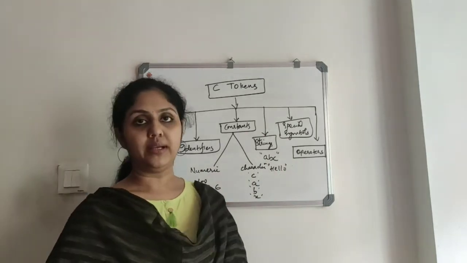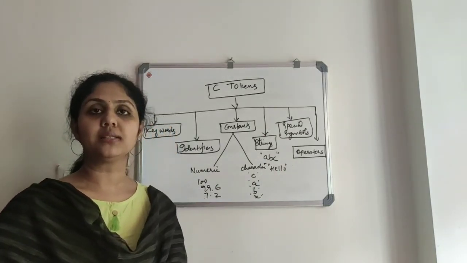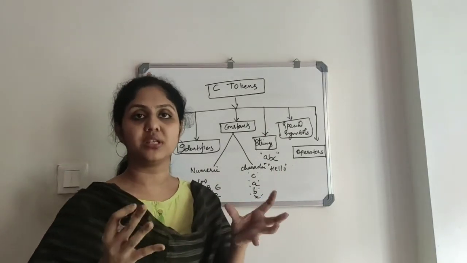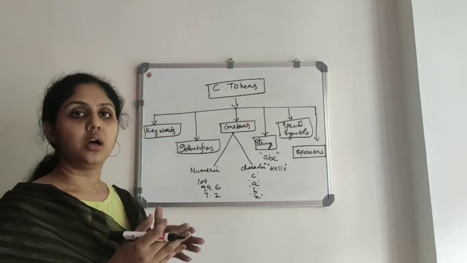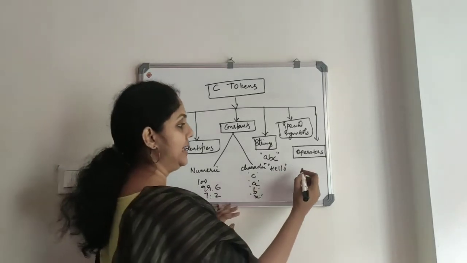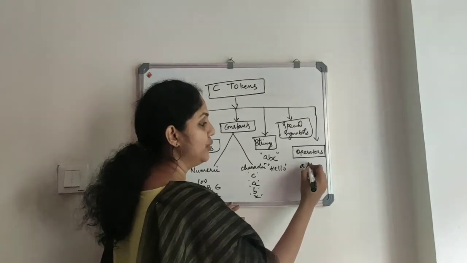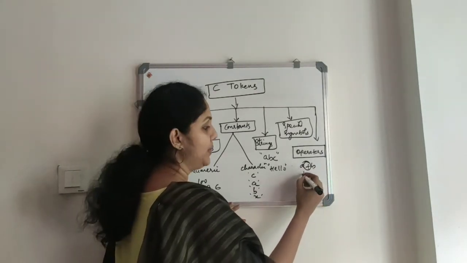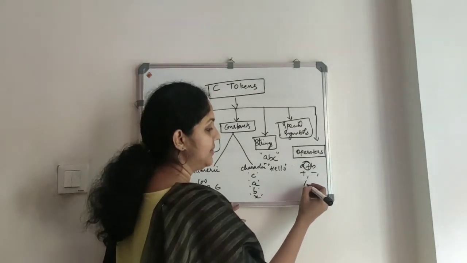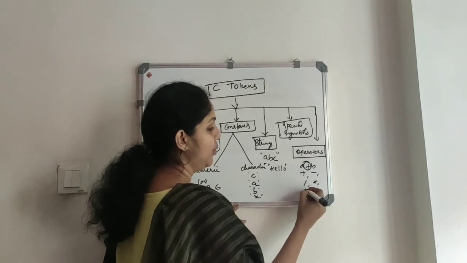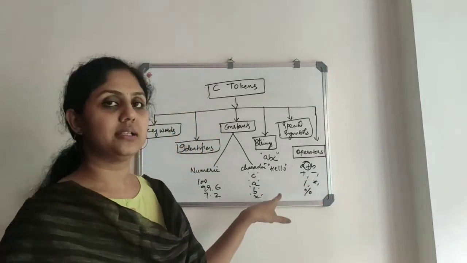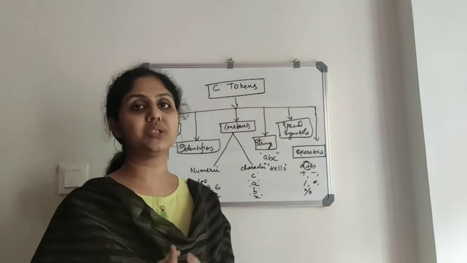Now what are operators? Operators perform operations between two variables or numbers. Like a plus b, plus is an operator. So plus, minus, division, star, modulo, etc. These are the major operators used in C.